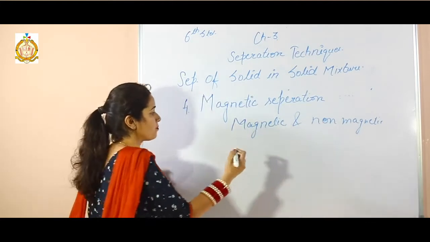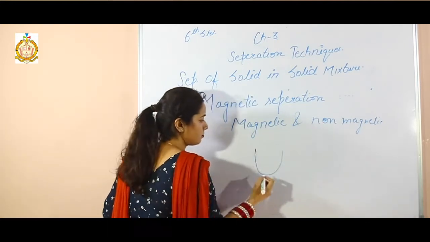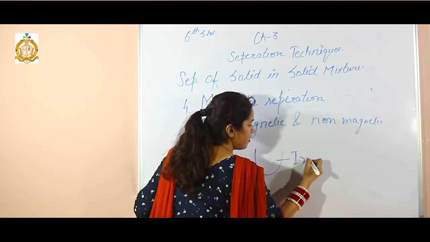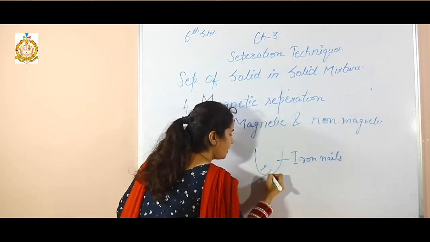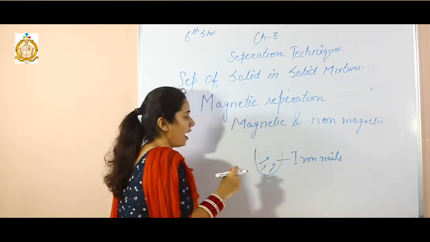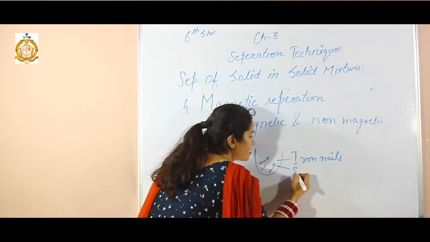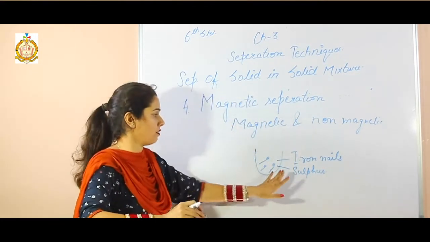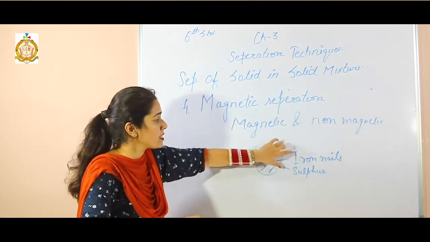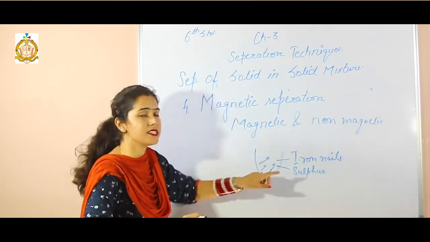For example, we have iron nails, and with them there is sulfur. Then how can we separate these iron nails from the sulfur?